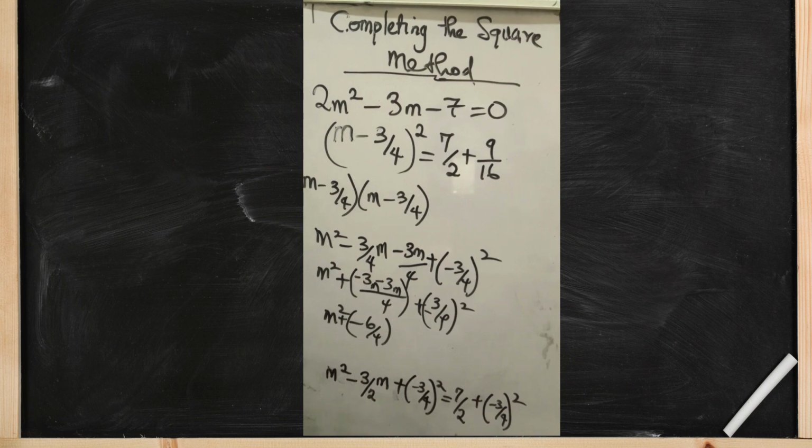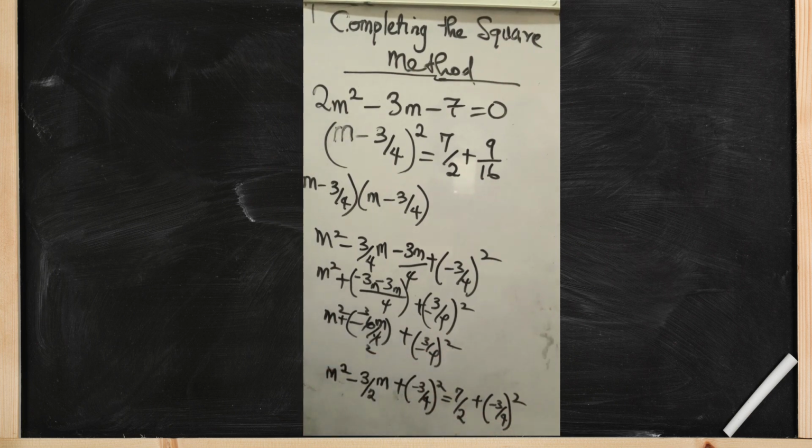Minus 6 over 4 m plus 3 over 4 square. 2 here, 2, 2 here, 3. So you can now see evidently that this m minus 3 over 2, because minus times plus will eventually give us this minus that we're having here. Then that is 3 over 2 m plus minus 3 over 4 square.